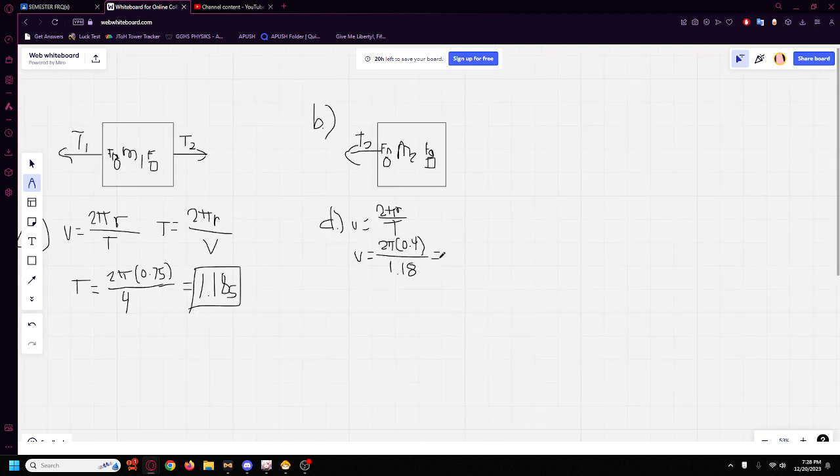And when you plug this into your calculator, you should get about 2.13 m/s.